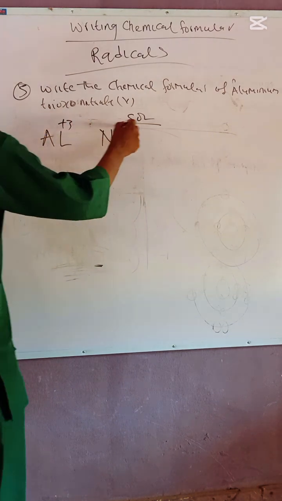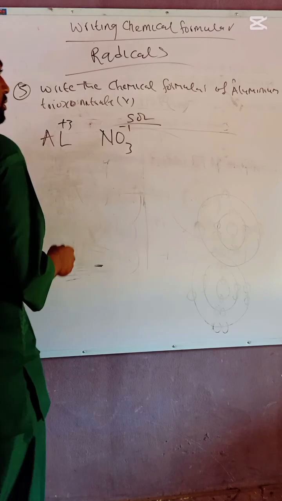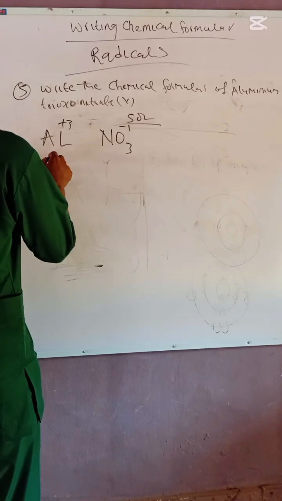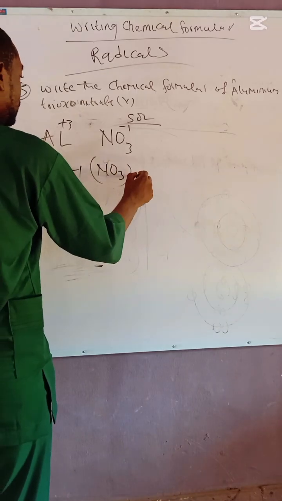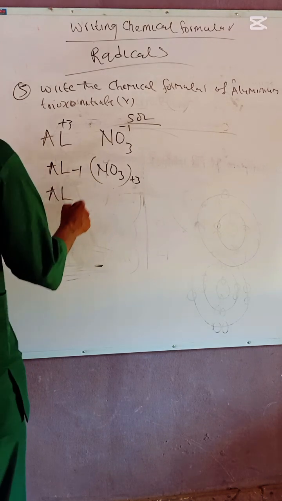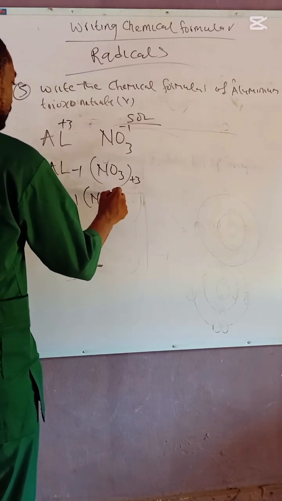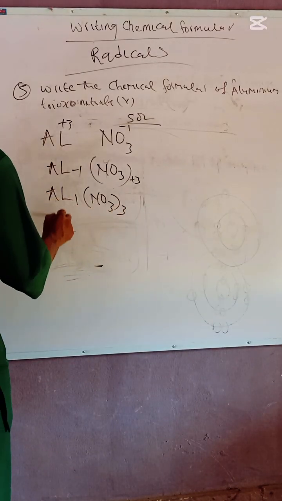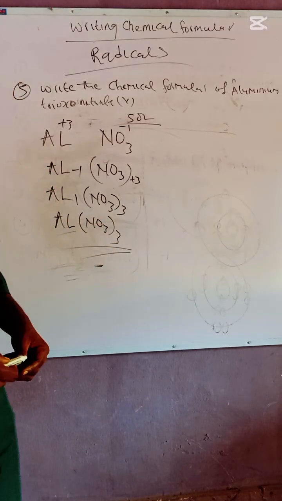You must study it. Trioxonitrate 5 is -1. Let's interchange the sign, then omit the sign. You know the 1 is not written, so we remove it. So we have Al and NO3, and you are done.